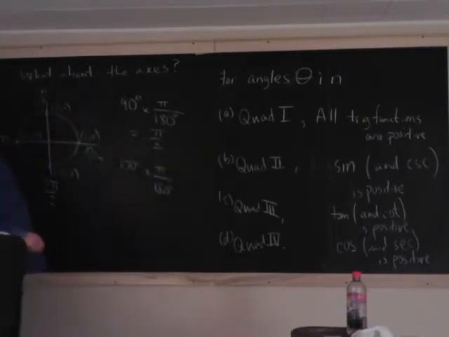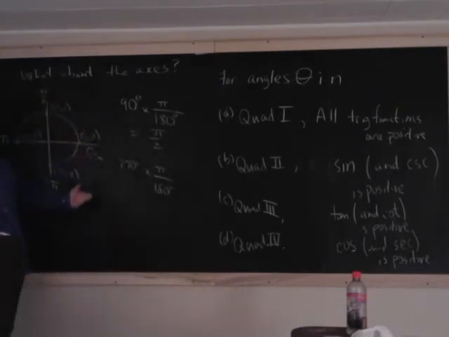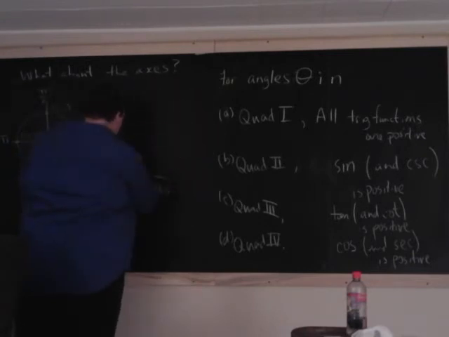All you have to do is go straight to the unit circle. And that tells you everything you need to know, because remember, the x-coordinate is cosine of the angle, the y-coordinate is sine of the angle. So here, if I asked what's cosine of 3 pi over 2, well, you'd go to the unit circle, go down here to 3 pi over 2, and then look at the x-coordinate. Cosine of 3 pi over 2 is 0.